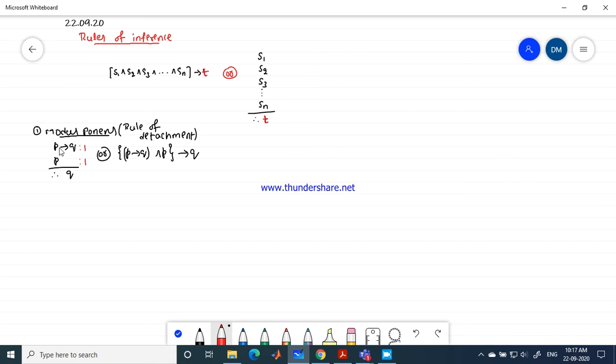Since my hypothesis is true here, the conclusion has to be true. Therefore Q. This is called the rule of detachment because I am just using the definition of implication, nothing more than that. P implies Q is there here, I have kept the hypothesis as one of the premises, and I have written Q in the place of the conclusion.